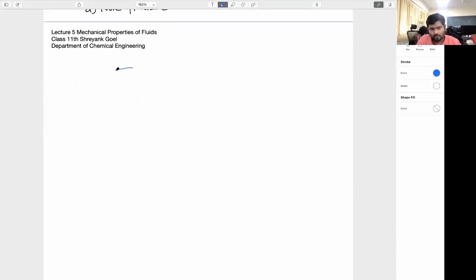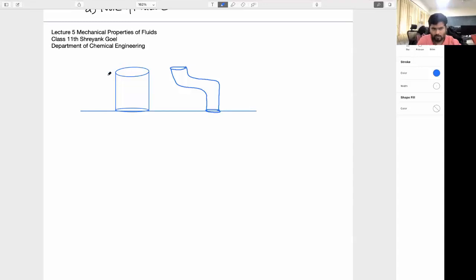Let's say I will be taking two vessels, but in both the cases the water is filled to the same height. Let's say it is completely filled with water, and it is also filled with water. So the pressure at the base, if we want to find, let's say P1 is at the base and P2.